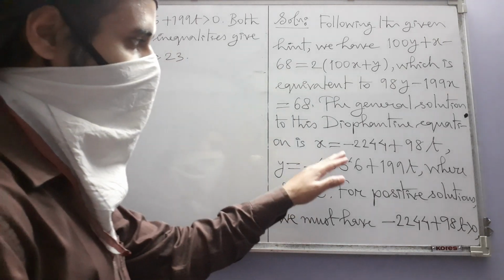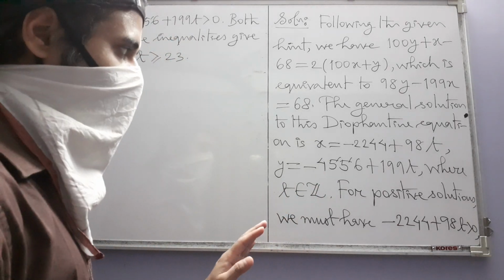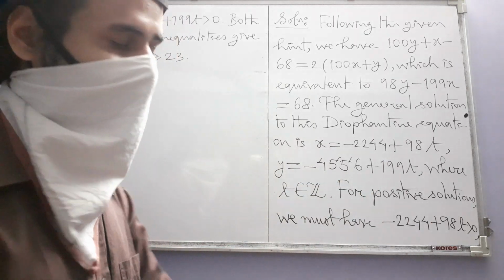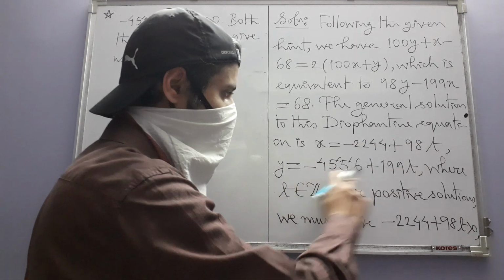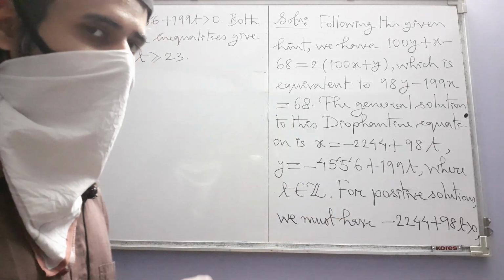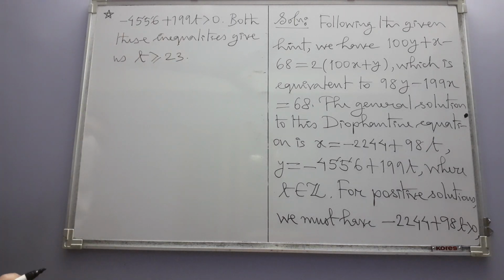Actually, they give us t greater than or equal to 22 point something. Maybe the numbers you get from this one and from this one are actually different, but both of them are 22 point something. Since t is an integer, that reduces to this possibility.